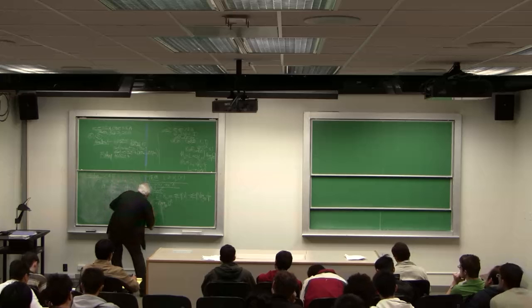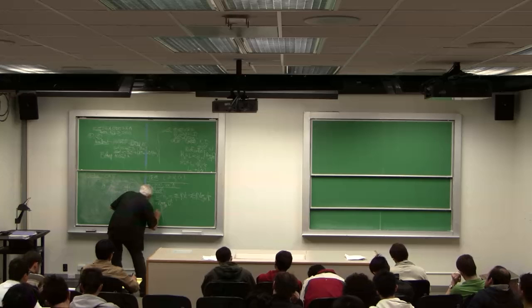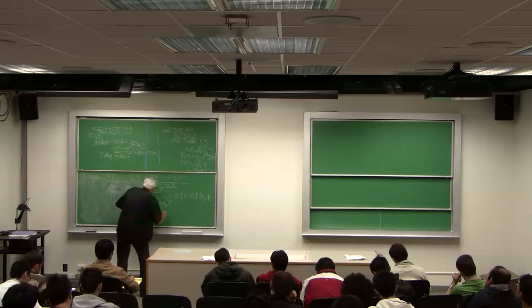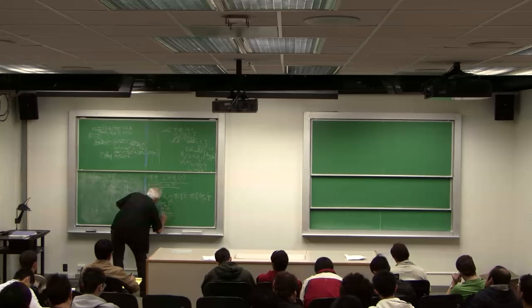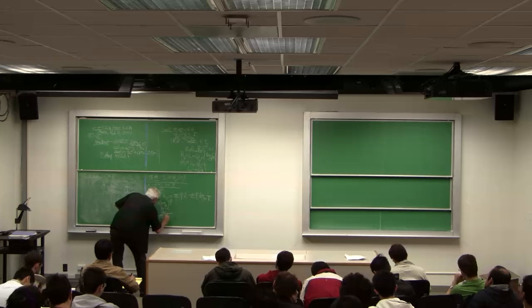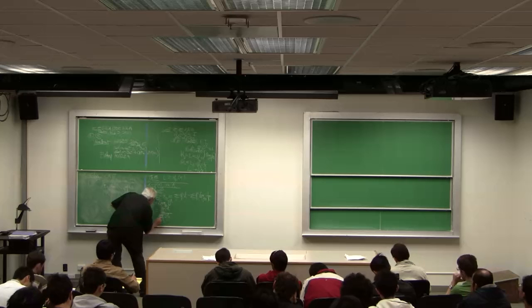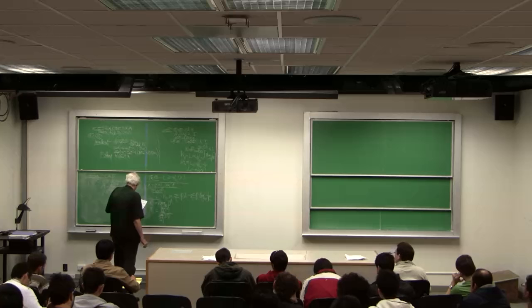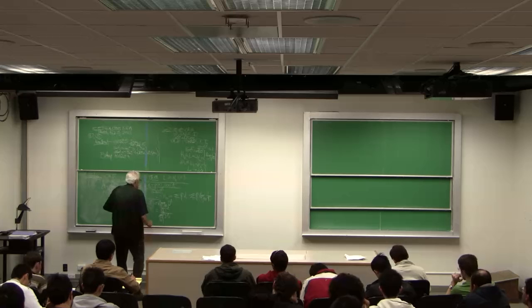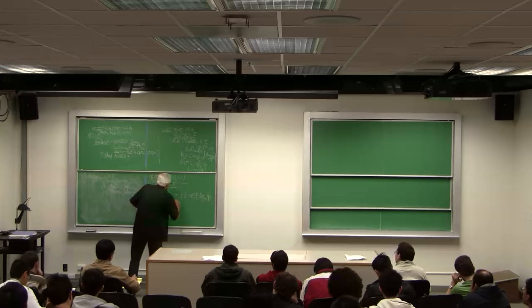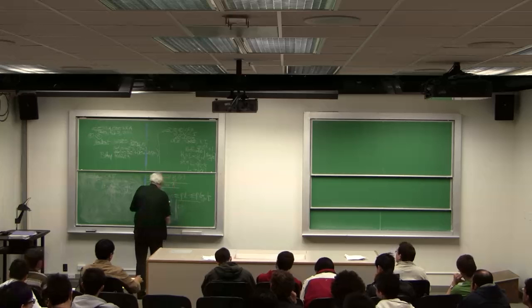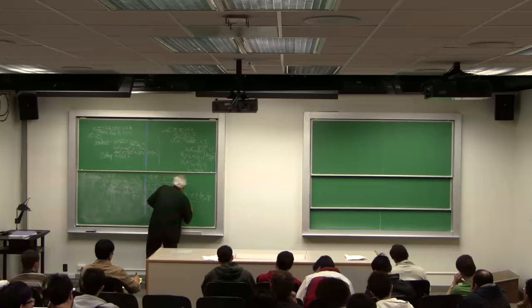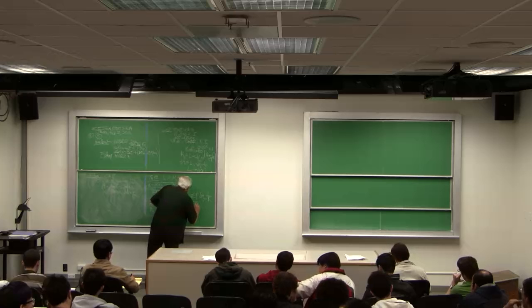And I'm going to write r_i equals D to the minus l_i over the summation of D to the minus l_j over all the symbols. And I'm going to write c equals the summation of D to the minus l_j.